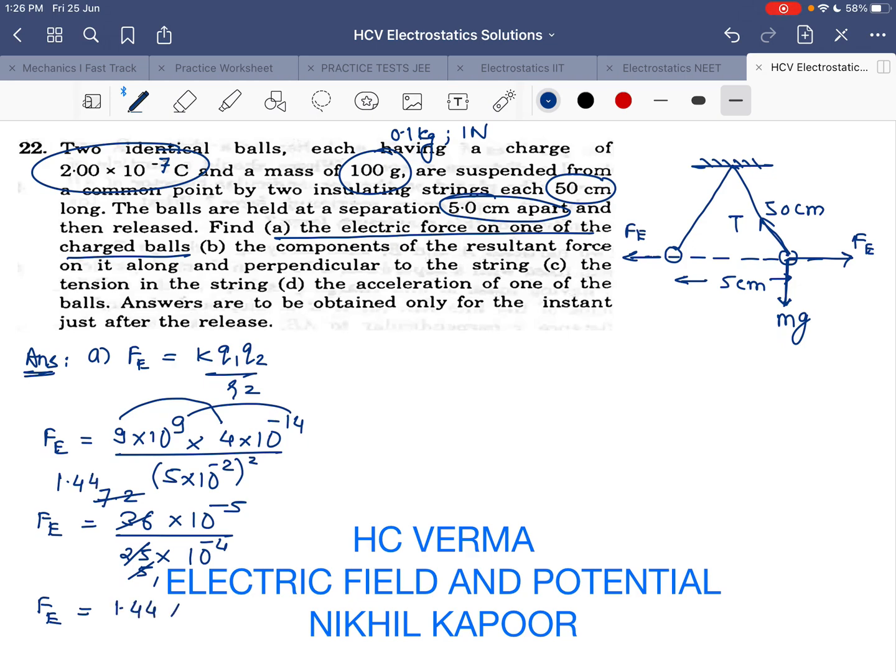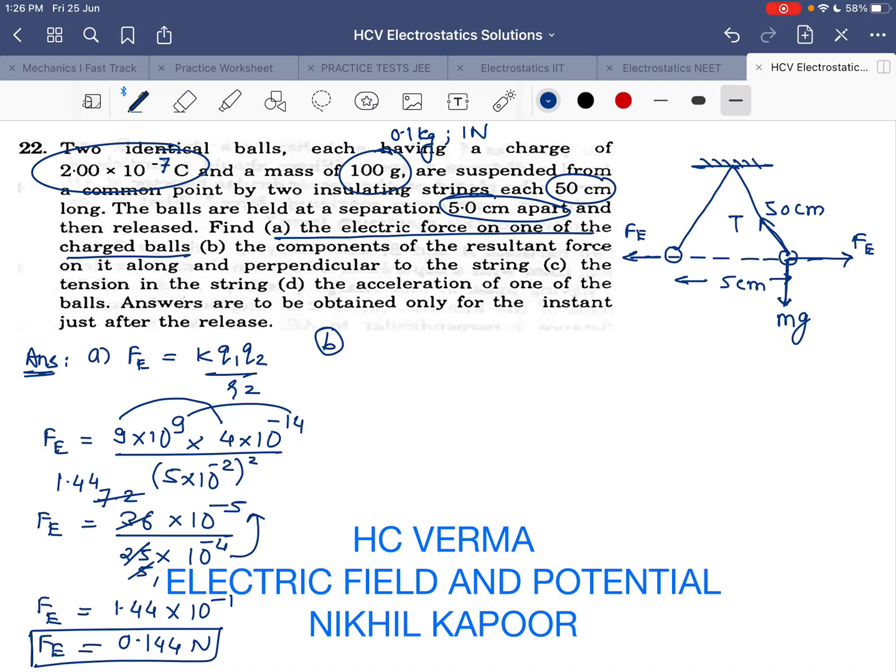So it will be 1.44 into 10 raised to, minus 5 plus 4 will be minus 1. So the electrostatic force of repulsion between the two charged balls is 0.144 Newton.